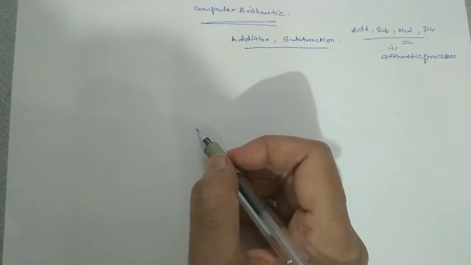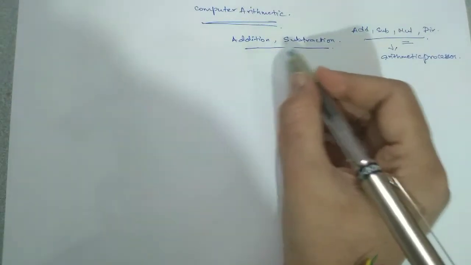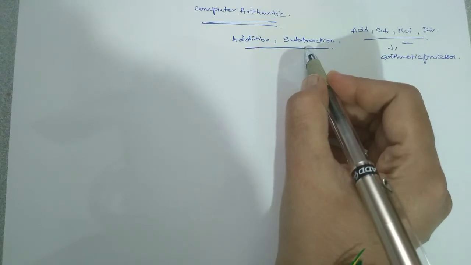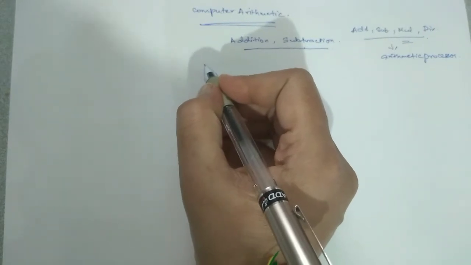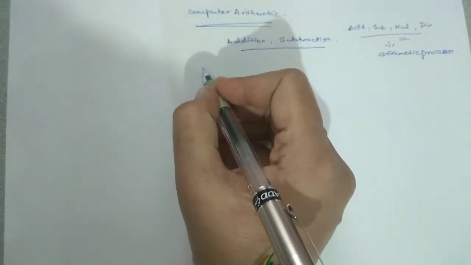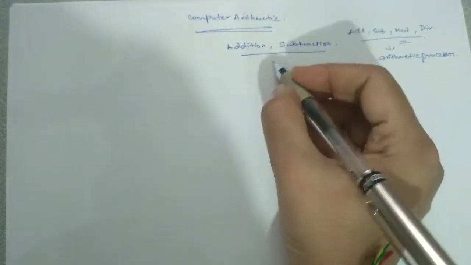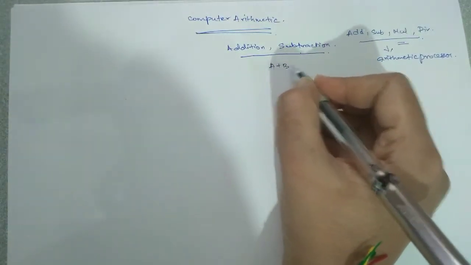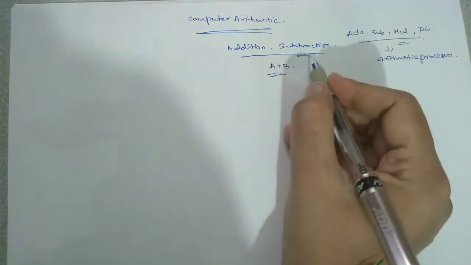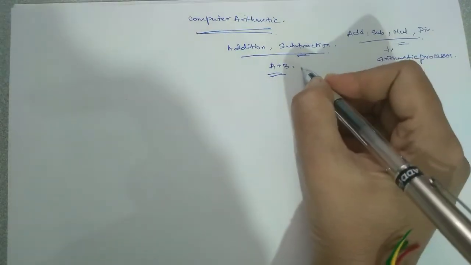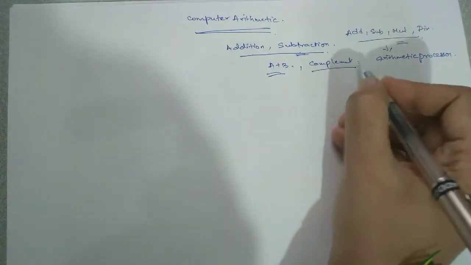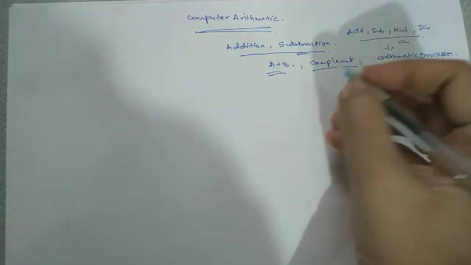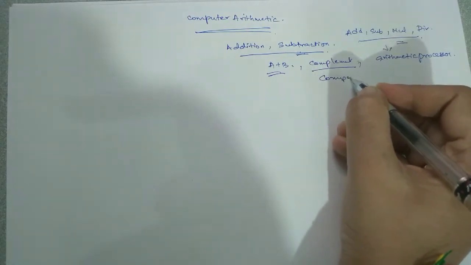Here we'll see how the addition and subtraction operations are performed in signed magnitude data. Whenever the addition has to be performed, it's very simple, A plus B. But whenever we want to perform the subtraction operation, we have to calculate the complement operation, and we have to know the complement as well as comparison.